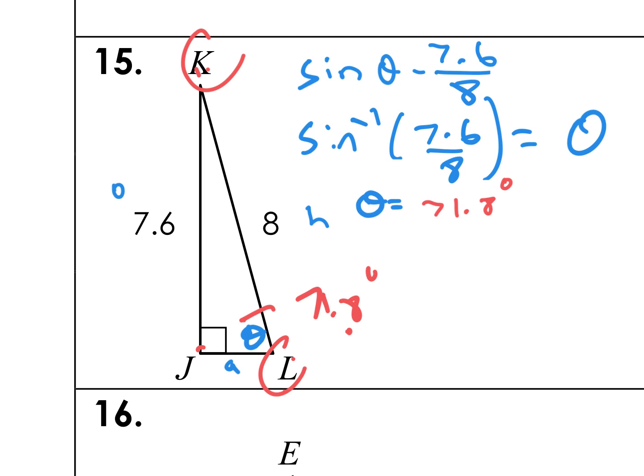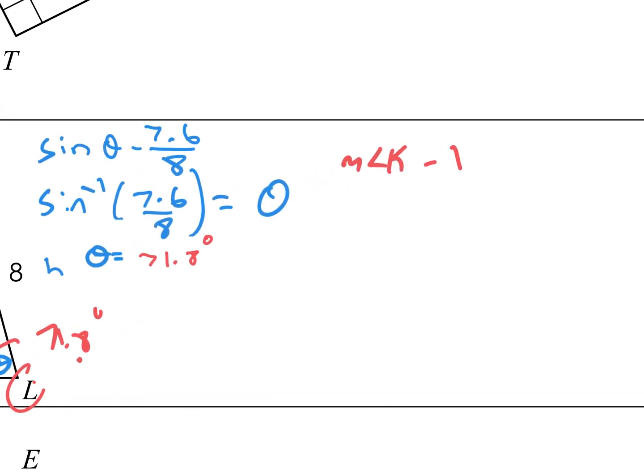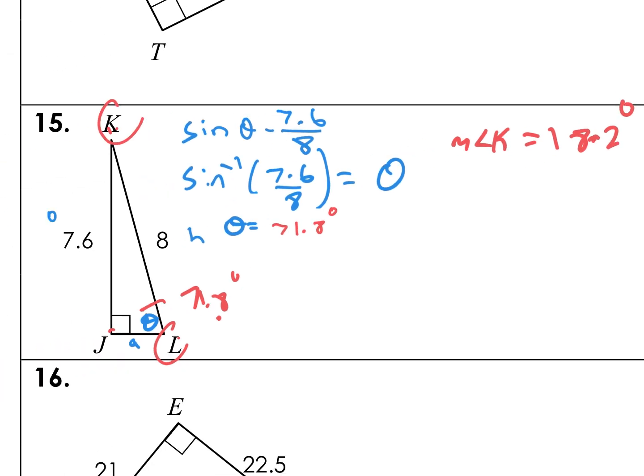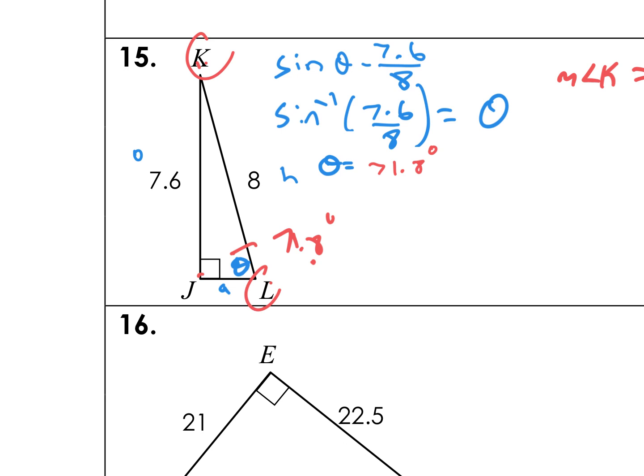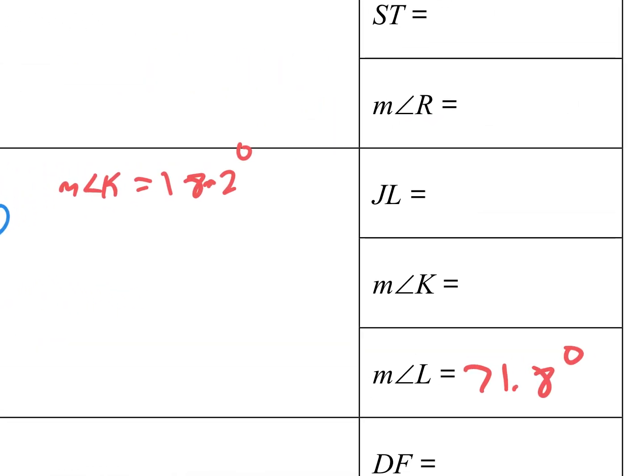How much? 18.2. I personally would have just taken 90 minus 71.8, and that gives me the exact answer, 18.2. These two have to add up to 90 degrees because they're two acute angles besides that right angle. Very good.